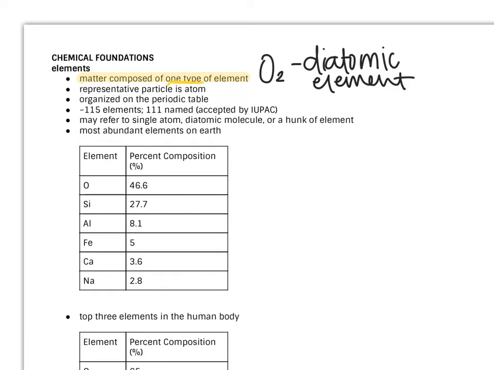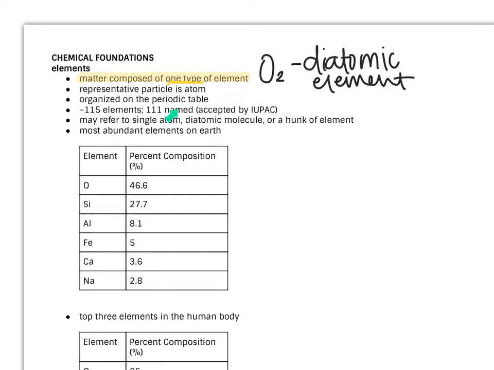There are approximately 115 elements. This number is changing constantly. I think it's closer to 118 now. And it says that only 111 of them are named and accepted by the International Union of Pure and Applied Chemistry, like the governing body of chemistry, which only accepts 111, or a lot fewer than the elements that we know exist or can be made.